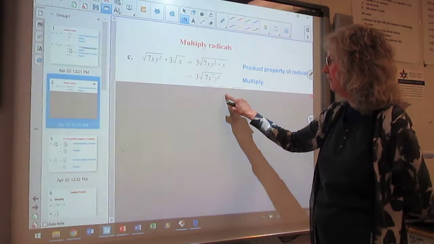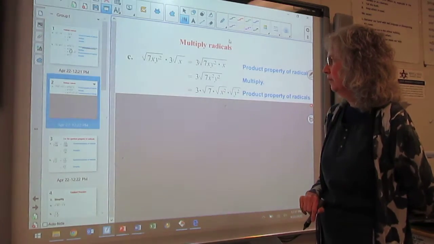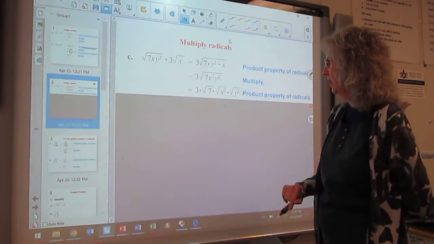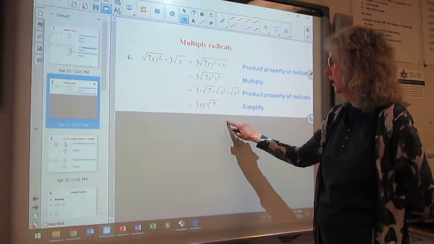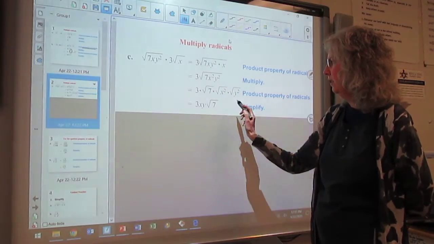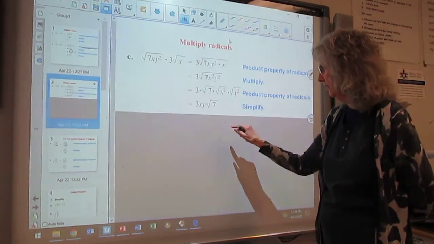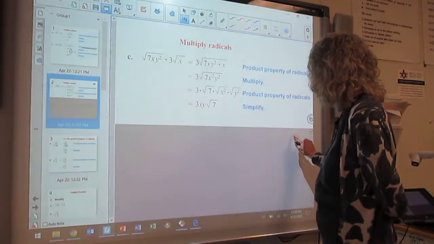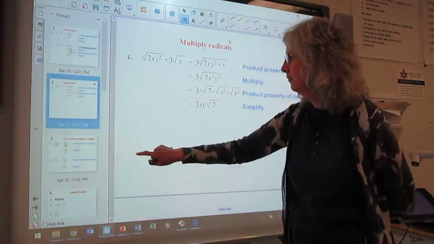Well, the square root of 7 can't be simplified. We're going to separate them into the square root of 7 times the square root of x squared times the square root of y squared. The square root of x squared is x, the square root of y squared is y. Those will stay in front of the radical sign, and the square root of 7 will stay. That's not too bad.